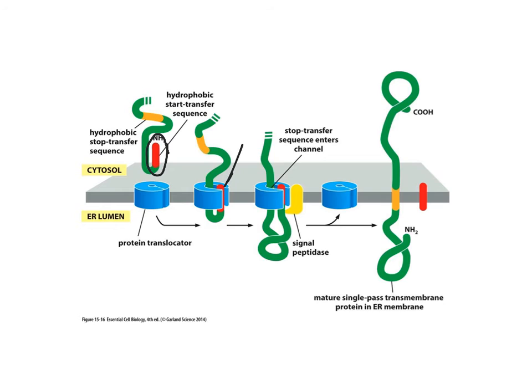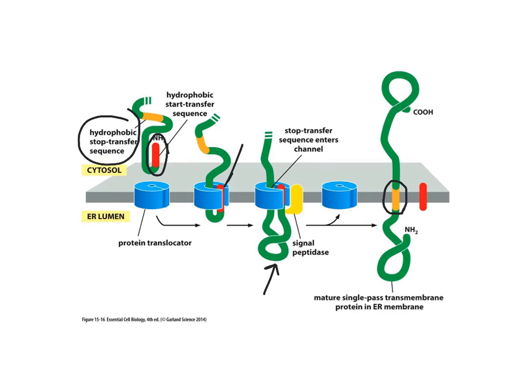So the translocator will continue to pass protein through, and as I said, this loop down here will get bigger and bigger until it reaches what's called a stop transfer sequence. That's this yellow sequence in the protein. When it meets the translocator, the translocation stops, and the translocator releases the growing protein.